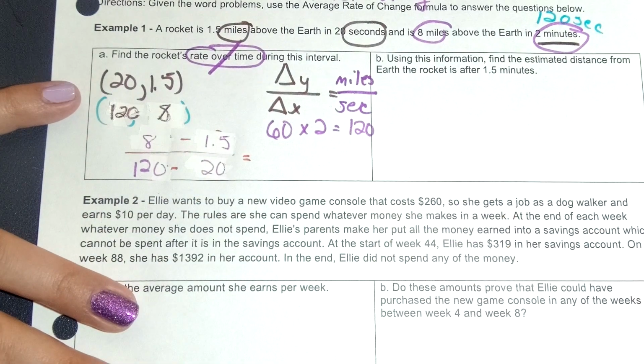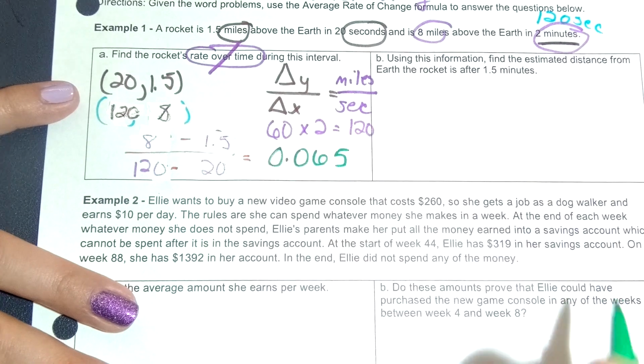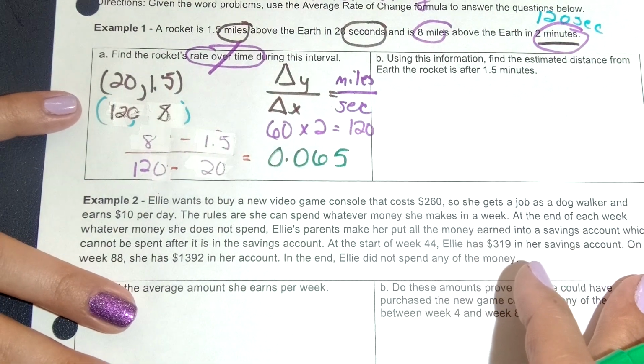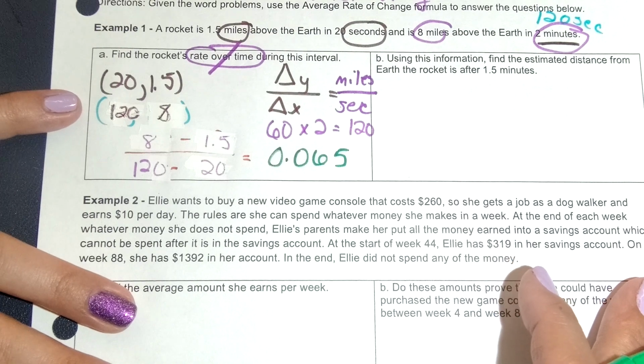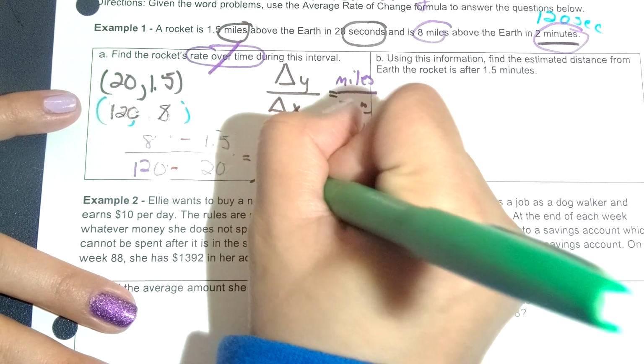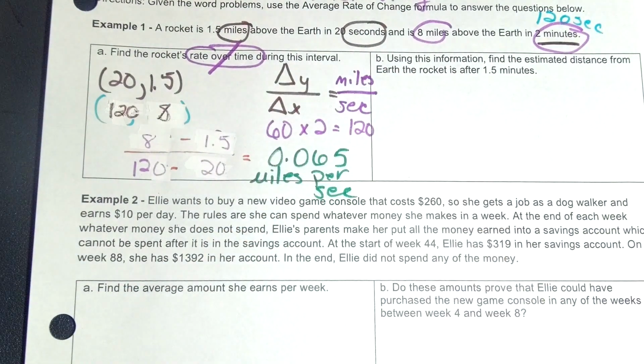Questions? Okay, when you put that in the calculator, you will get 0.065. Is that your final answer? Why? Units. What are my units? Miles per second. That's why you write them first, because they're right there. Questions?